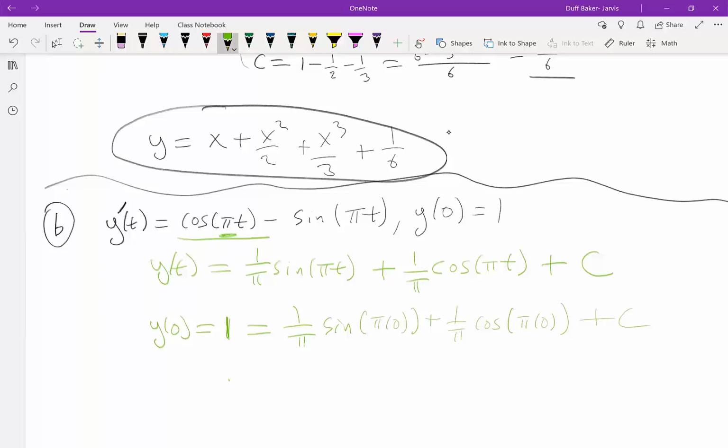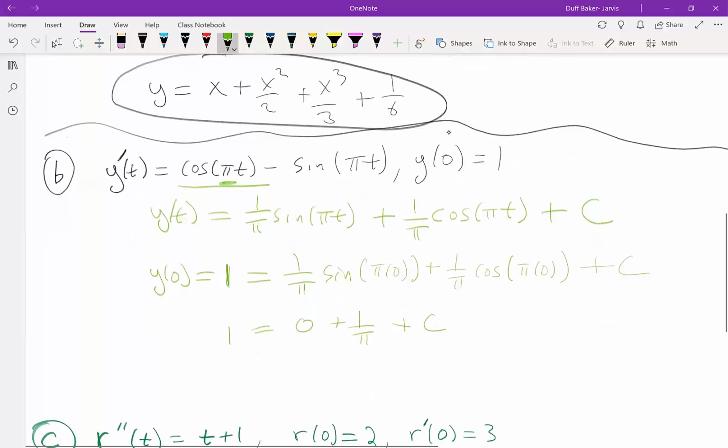And so if we evaluate all that, sine of 0 is just 0, cosine of 0 is 1, and then we solve for c. So c is 1 minus 1 over pi.